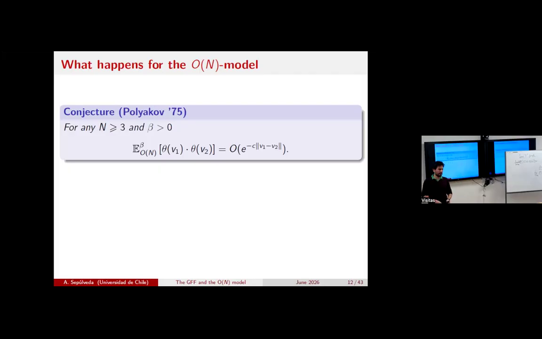We expect that everything we have managed to do in dimension 2 for spin systems, we will manage to extend for Yang-Mills. So everyone is expecting that if a proof is found for Polyakov's conjecture, then this proof will be able to be adapted to understand Yang-Mills.